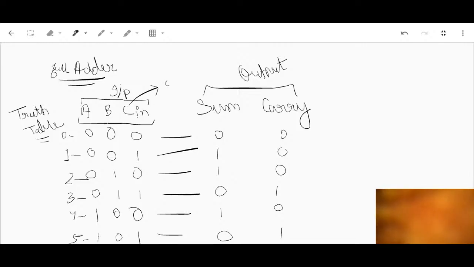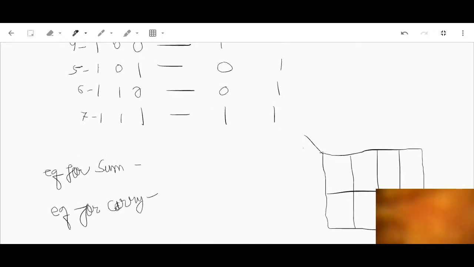So first we put the inputs here. Here will be A, and here will be B and C. I'll just write like that. Here will be A bar.